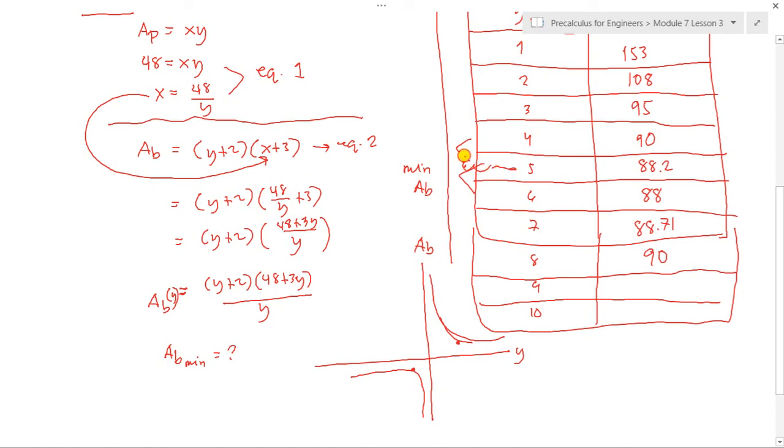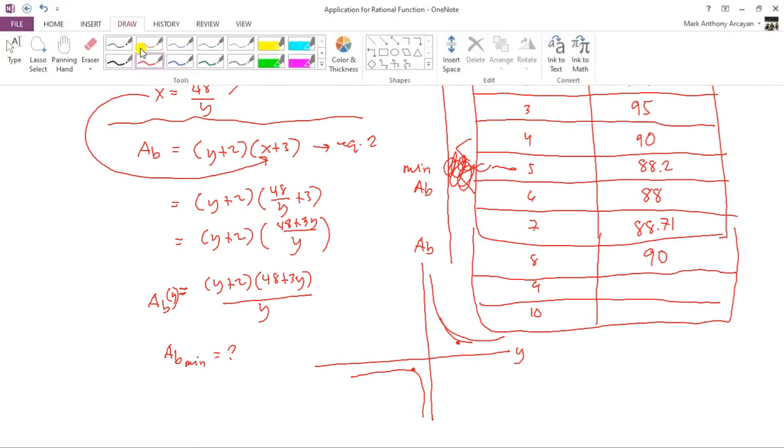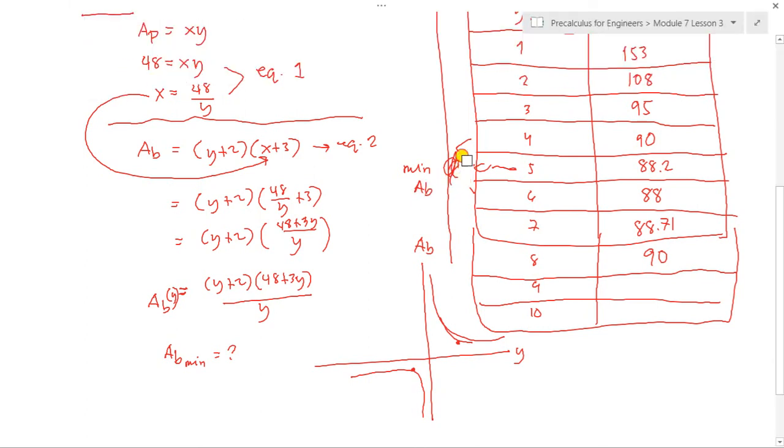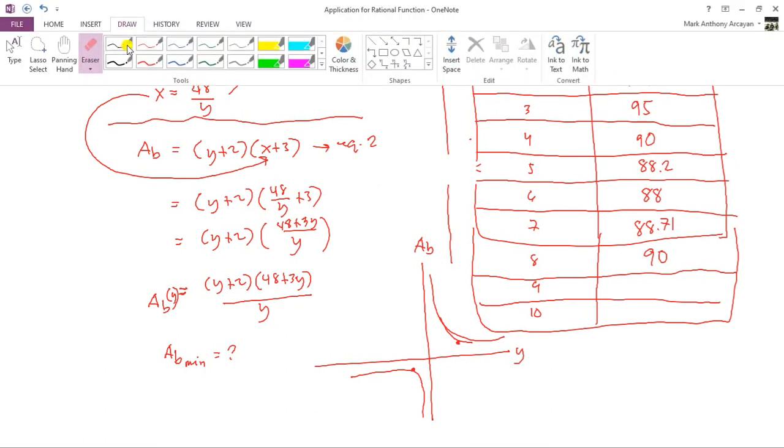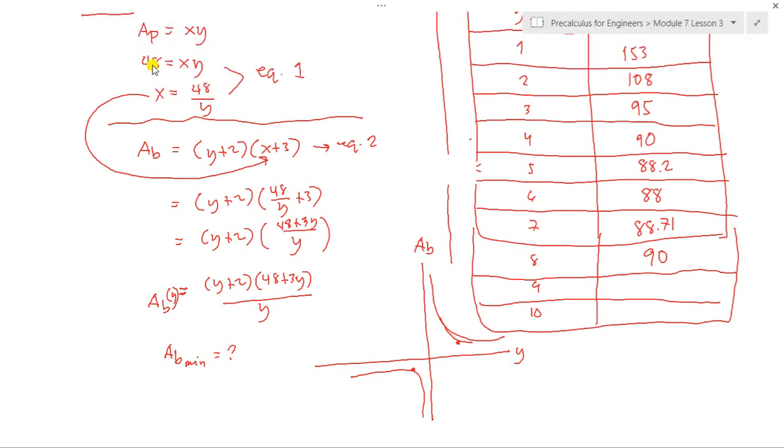Or di not 5 and 6, that is around 5 and kuan. Around 5 to 6. Oh, around dire. Na dire ang ato ang minimum area, around 5 and 6.